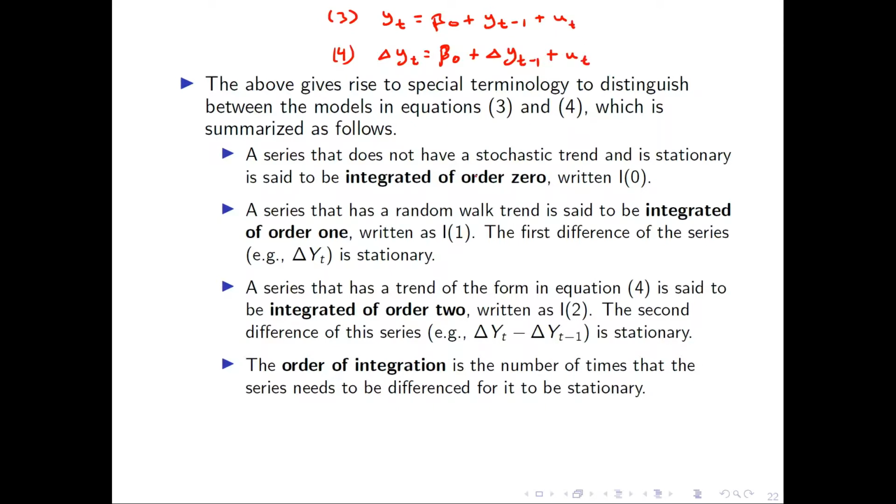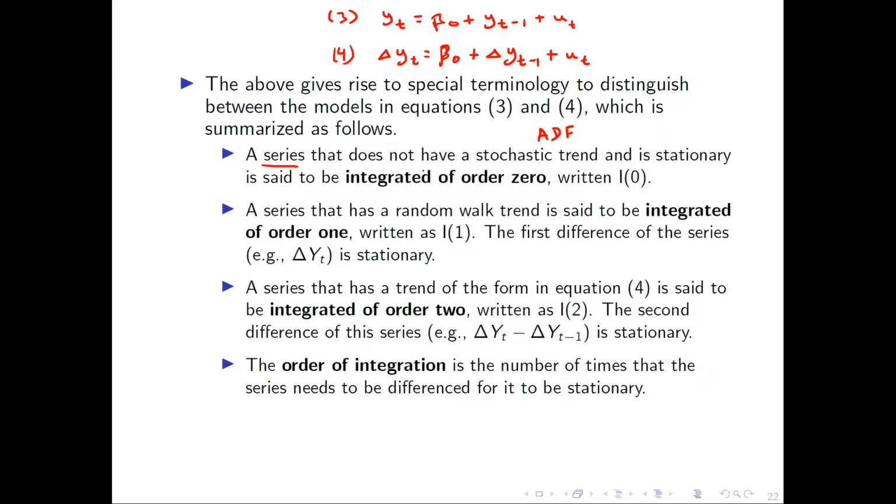Okay, so if you want to test whether or not our time series has a stochastic trend, you can use the augmented Dickey-Fuller test. And if the null hypothesis in that ADF test is rejected, then you say that this is a stationary series.